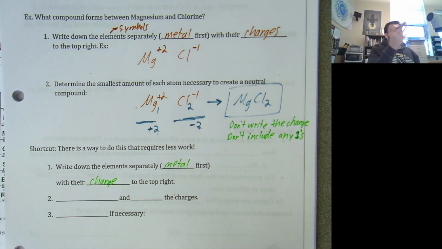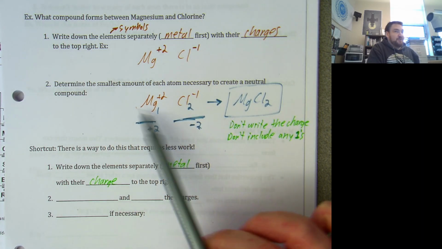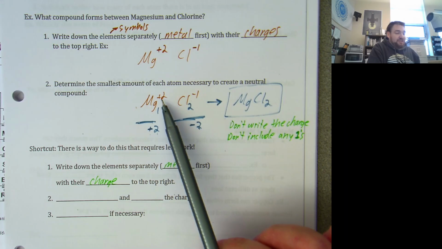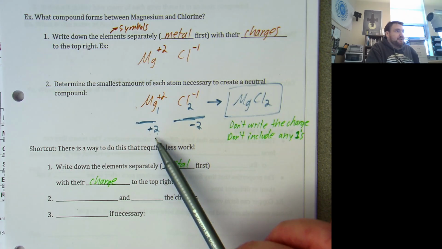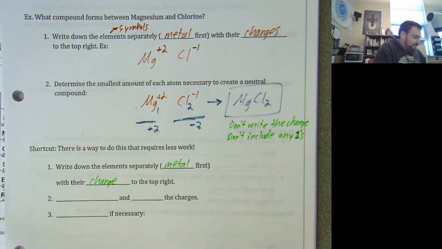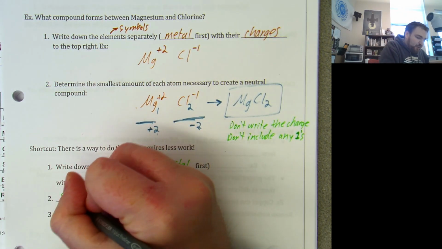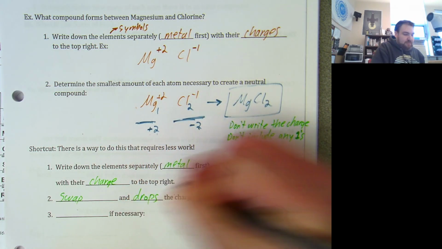And then the shortcut for this, and the reason the shortcut works is because of how the least common multiples work. Often the way to find the least common multiple is just to multiply the two numbers together. 1 times 2 is 2, and so the least common multiple is 2. And so we can just swap and drop the charges.